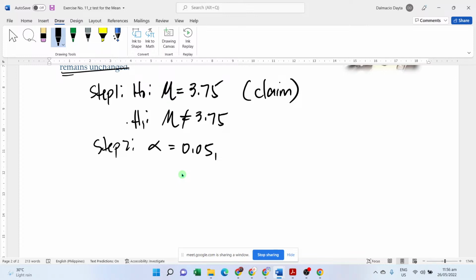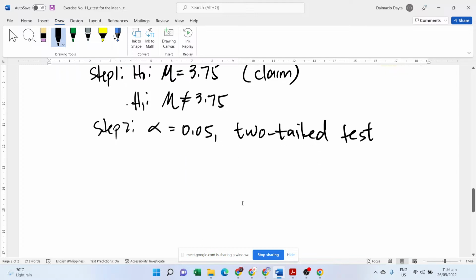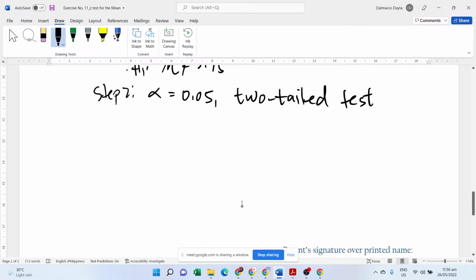The null hypothesis, we are able to identify whether it is a one-tailed or two-tailed test. Kasi nakaka-apekto ulit sa ating Z critical kung it is one-tailed or two-tailed, no? And this is now a two-tailed test. Nabanggit natin yan in the introduction of the hypothesis testing. What happens when we have a two-tailed test?